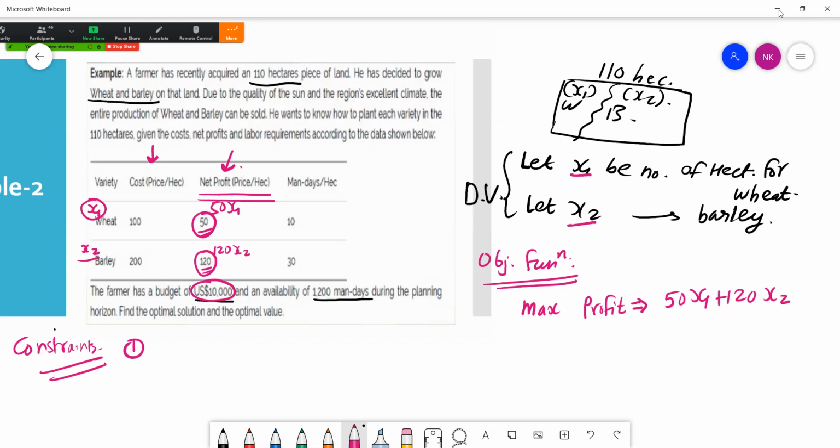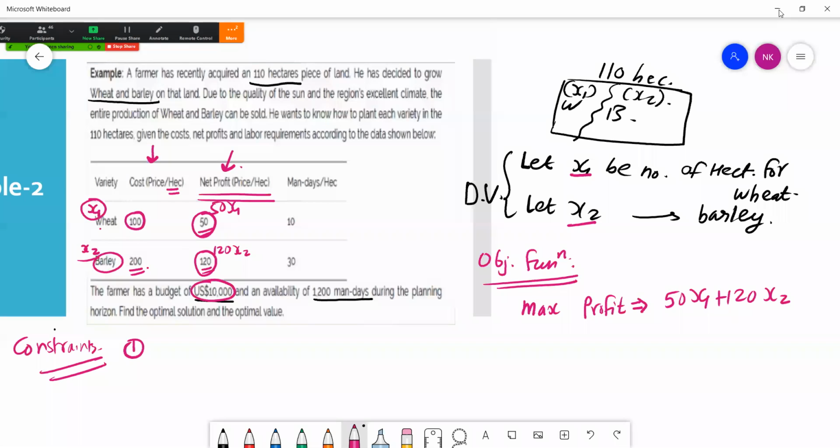What does this cost value mean? For each hectare of growing wheat, the farmer is costing 100 rupees, and for each hectare of barley, he is costing 200 rupees. But he has a total of 10,000 US dollars only.